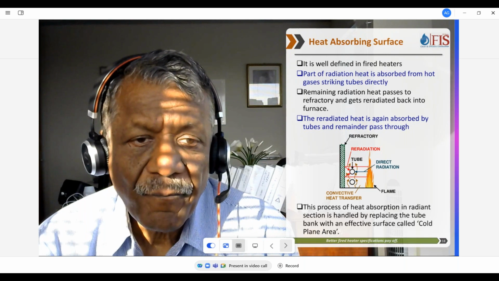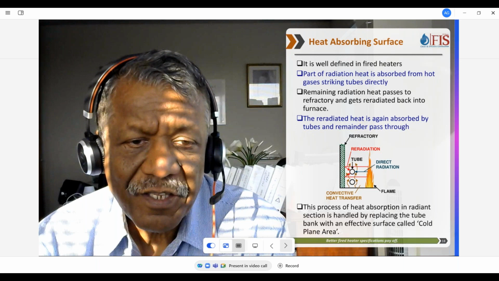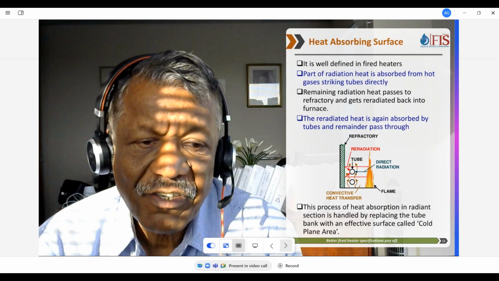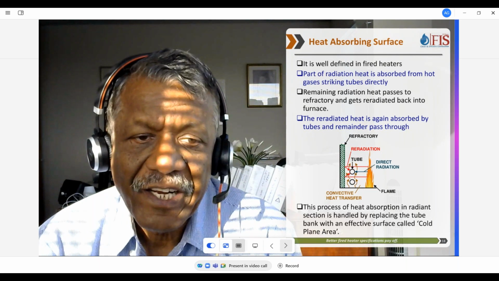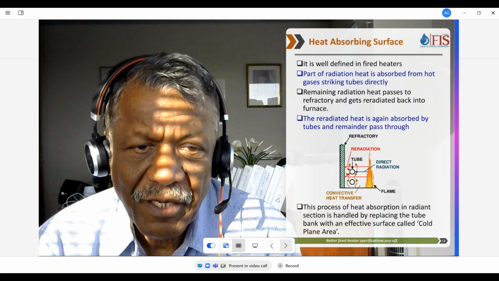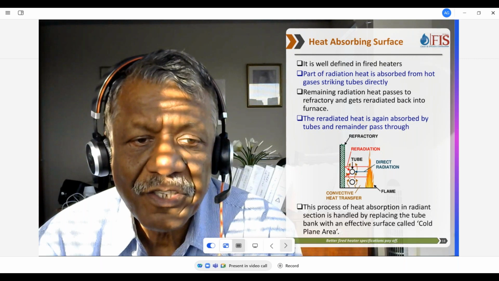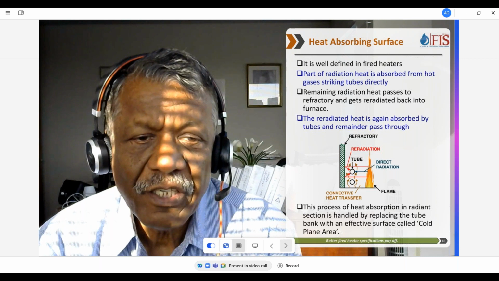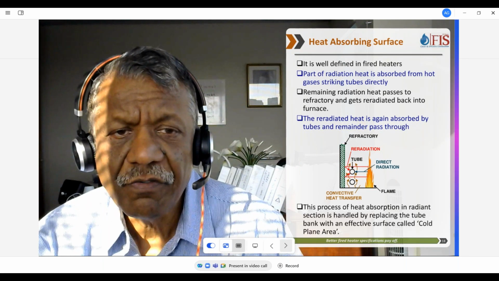So what Lobo did was, this tube arrangement, they changed it and replaced it with a surface cold plane area. They said, okay, this tube surface at 2 diameters spacing or 3 diameter spacing, let us replace this with a cold plane area, which is equivalent to the number of tubes into the pitch. So we calculate that.